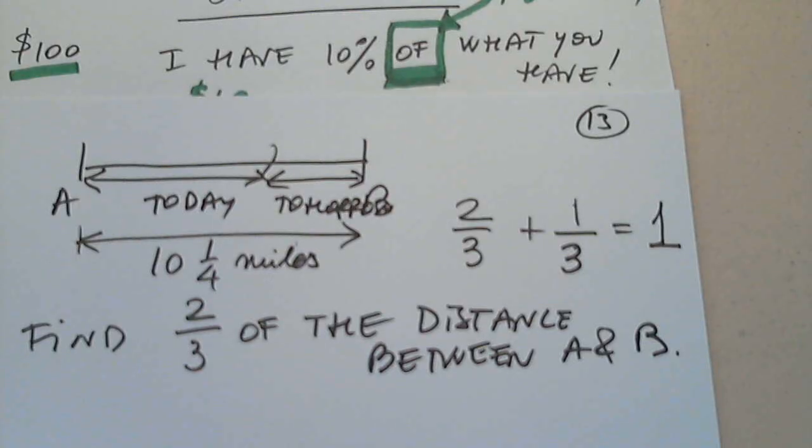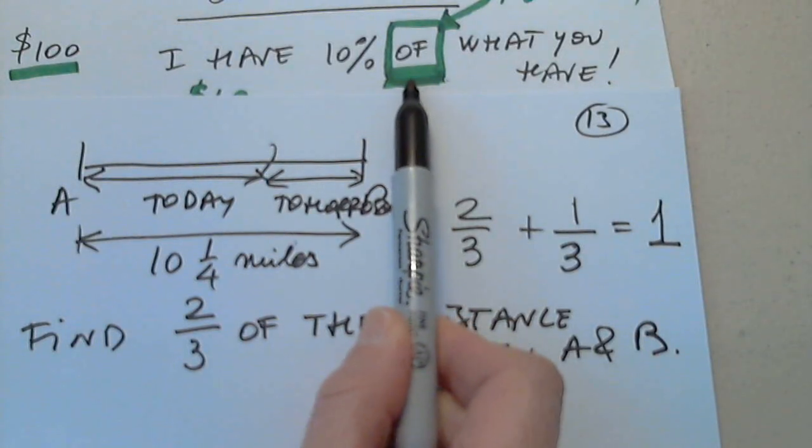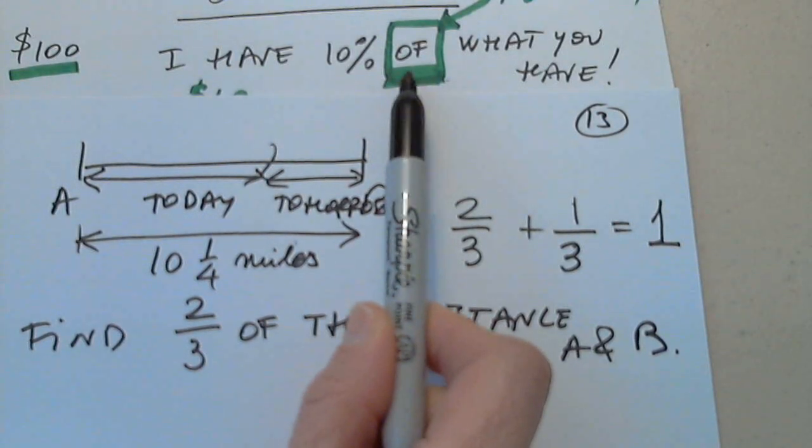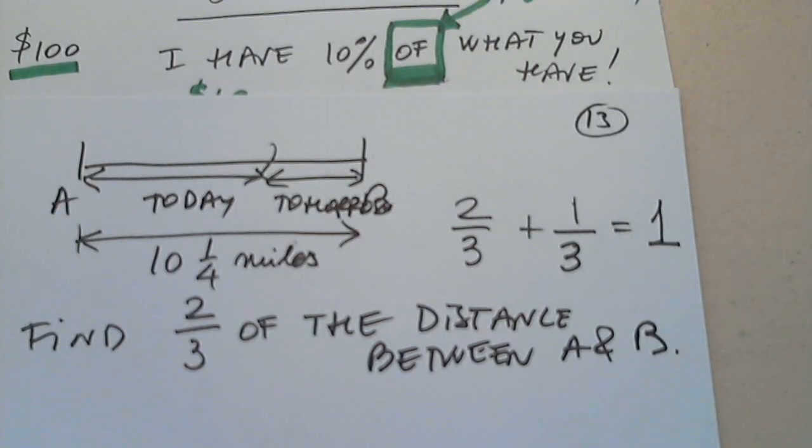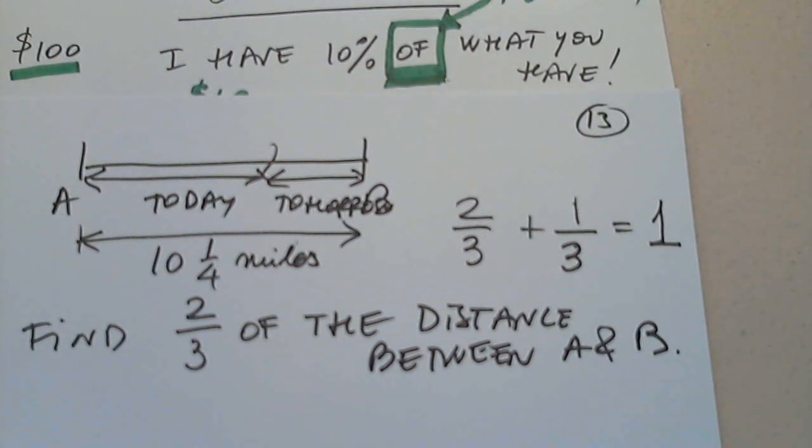How do I determine that? What will I have to write? This is a very important concept. How will I calculate what I have to drive today? I can only drive 2/3 of the entire distance.